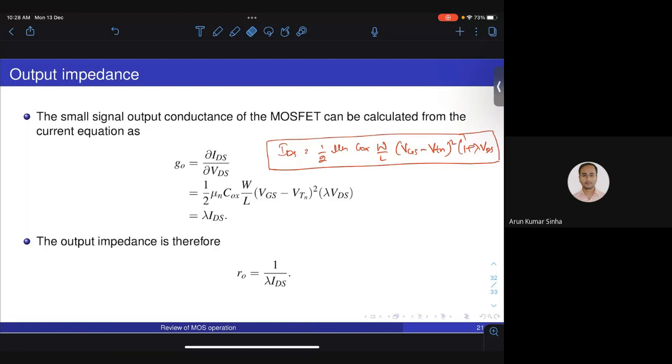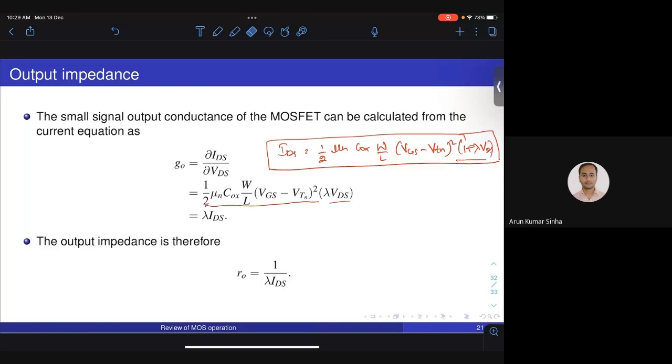So this will be nothing but 1 by 2 mu n Cox W by L into VGS minus VTN the whole square. This is all independent of VDS until here, and the partial derivative of 1 plus lambda VDS with respect to VDS is nothing but lambda.